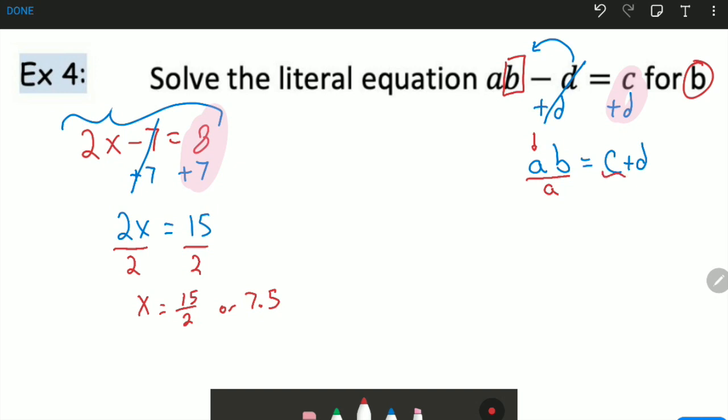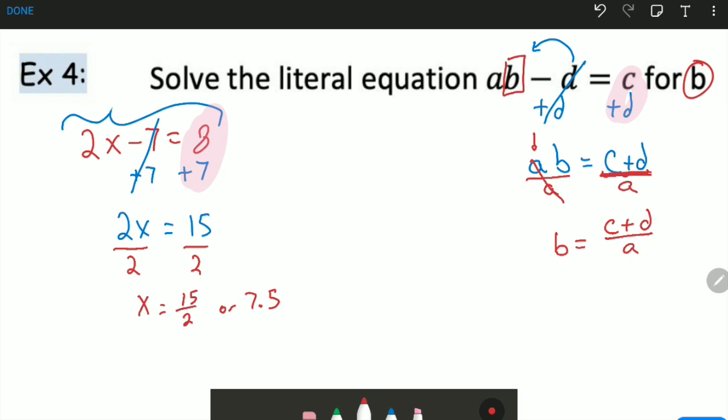Now, since there are two terms over here, they are treated as one entity. So when we divide the right side by a, we need to divide the whole side by a. Canceling out, leaving us with b equals c plus d all over a.